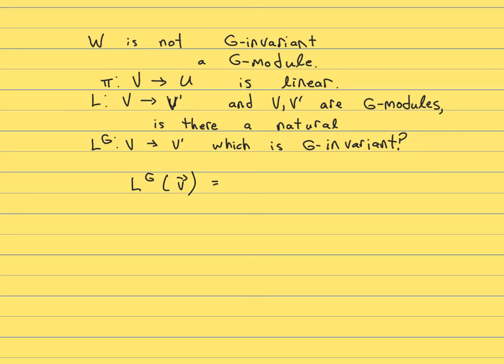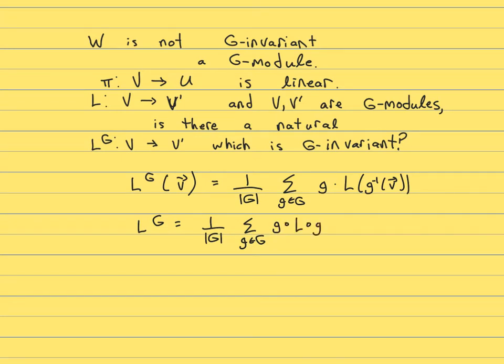You define L to the G of V to be 1 over the order of the group times the summation over every group element, G times L of G inverse of V. Note that as a function, for a fixed group element G, G acts on V prime as a linear transformation, so does G inverse.